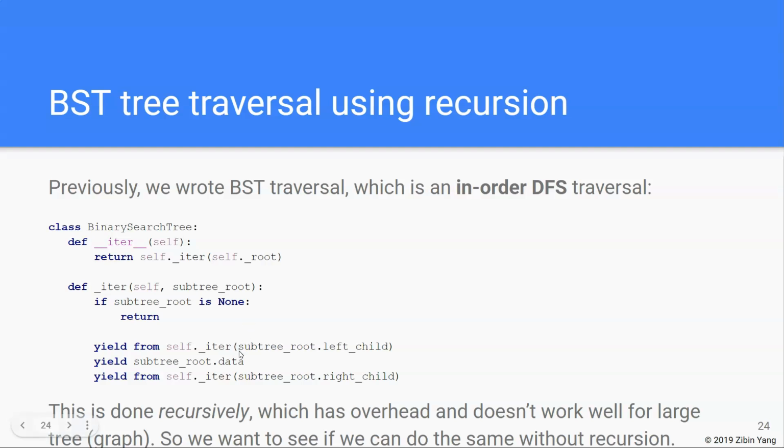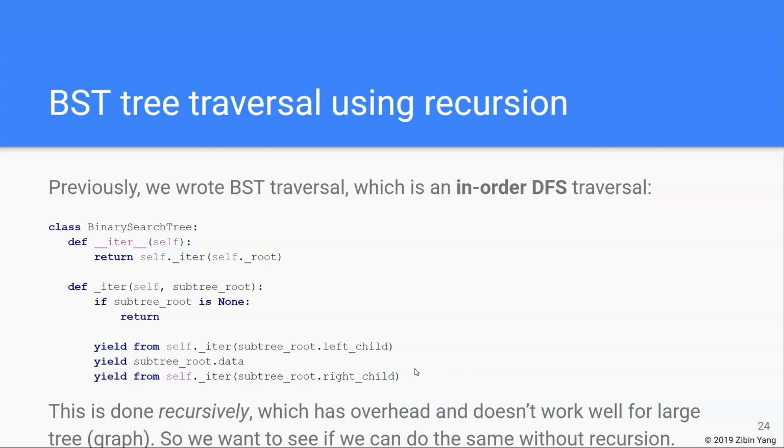So what it did was it iterate over the left subtree and then visits or process or yield, in this case, the data in the current node, and then it iterates over the right subtree of the current node. Now, again, this is done recursively, and recursion always has some overhead, and it doesn't scale well, so it doesn't work very well for large trees or graphs.